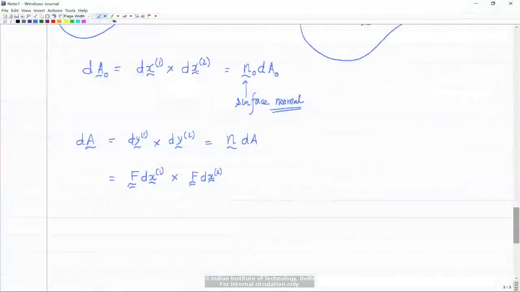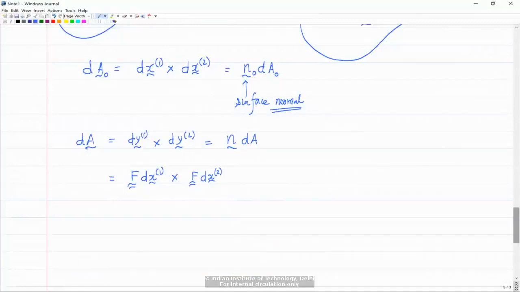Okay, any idea how to move ahead? It's of course the area vector. So what we can do is, why don't we dot it with F dx3, just like earlier.